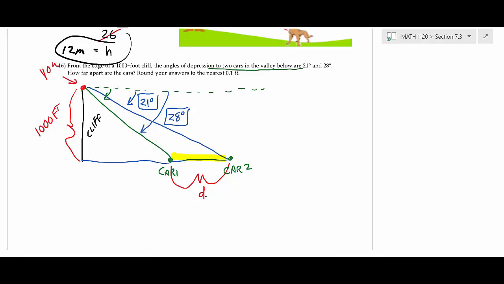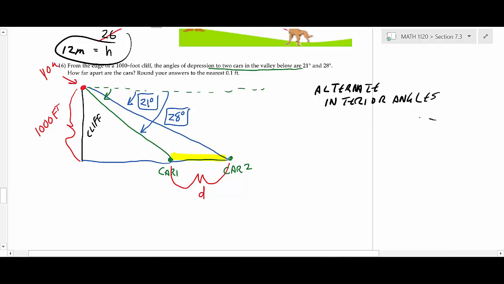The first thing that students a lot of times don't know, because this comes from geometry, and this is real important in these problems, is what we call alternate interior angles. Okay, let me just explain what that is. The idea is anytime you have two parallel lines and you cut them with a line like this, this angle here and that angle there are the same.